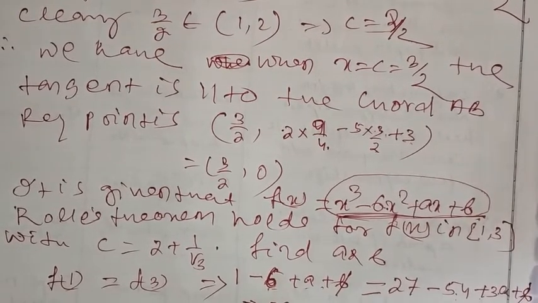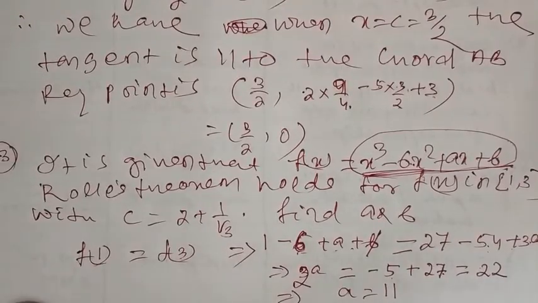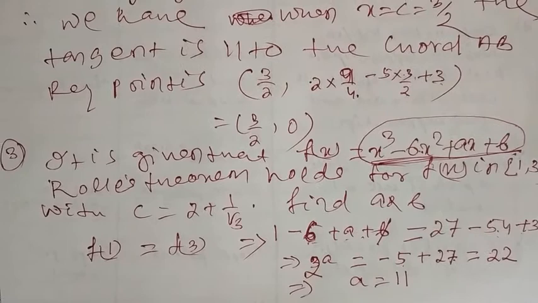So this gives me a is 11. Now we shall search for b.